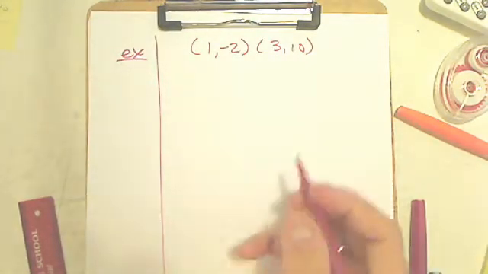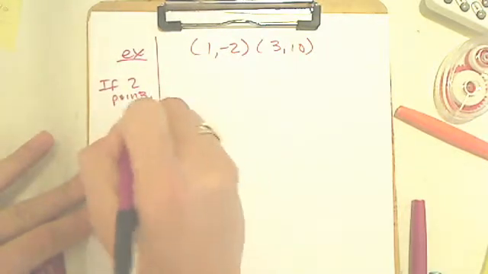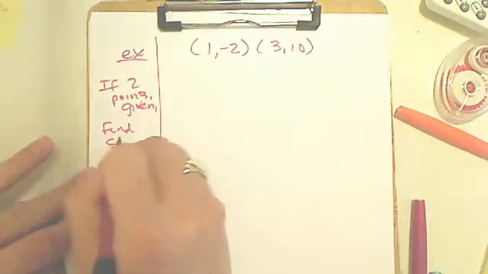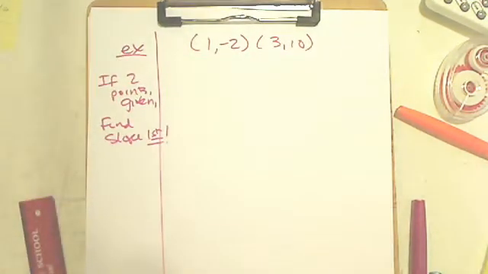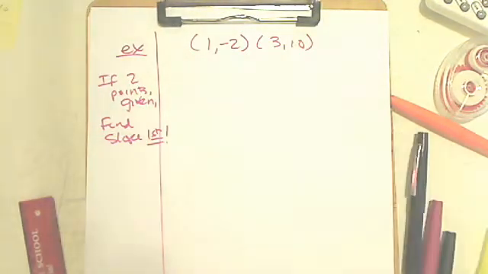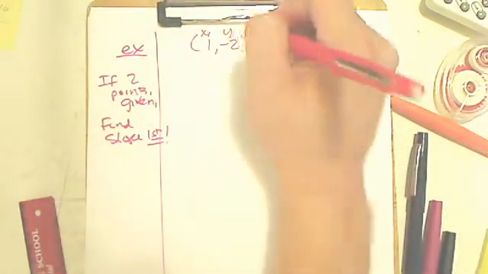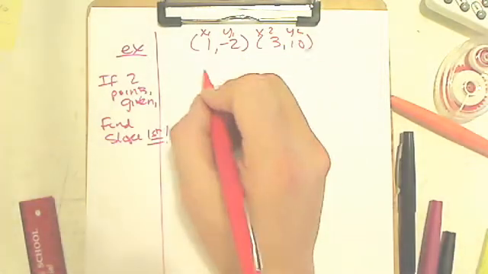So first step here, if 2 points are given, find slope first. This is one of the harder ones to do because students will skip that step. Again, 2 points are given to you, find the slope. x1, y1, x2, y2. Leslie, what's my slope formula?